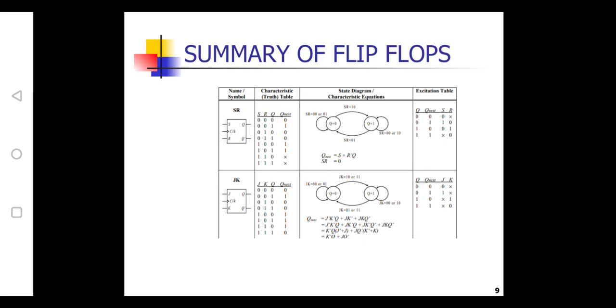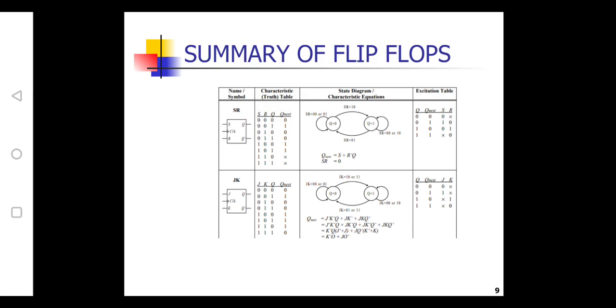Now first write down the excitation table values as Qn and Qn plus 1, as the input is 0, 0. Now observe where you are having 0, 0s at Qn and Qn next. In the truth table we are having the first row as 0, 0. Similarly, the third row as 0, 0. The corresponding inputs for those two are 0, 0 and 0, 1. So S is 0, which is a single value, but R one time is 0 and the other time is 1.